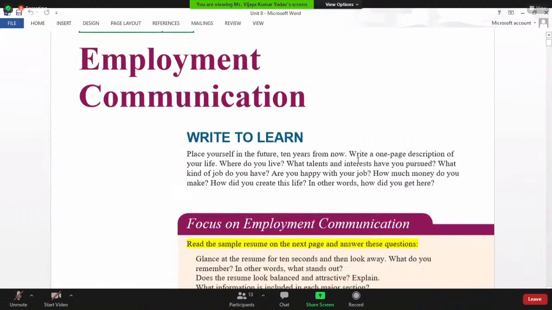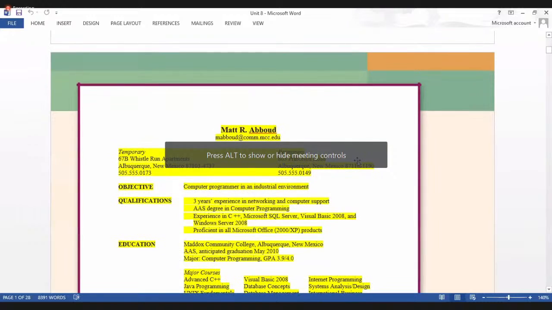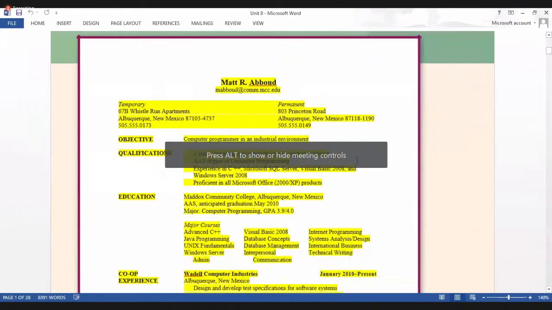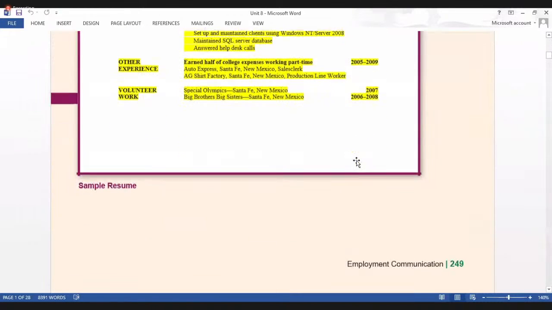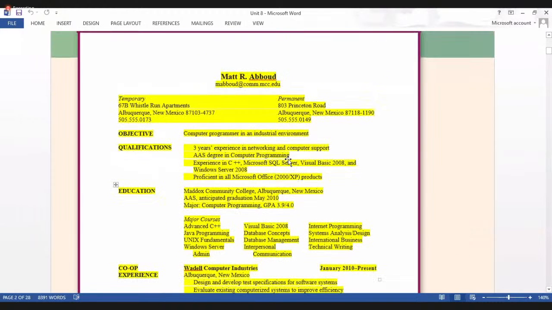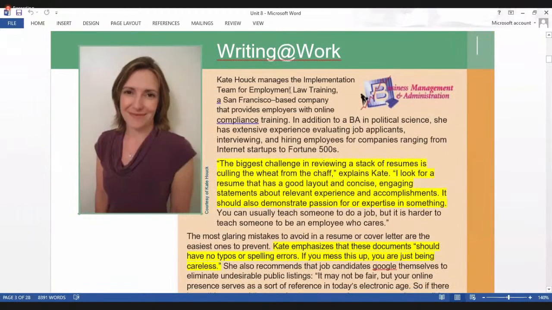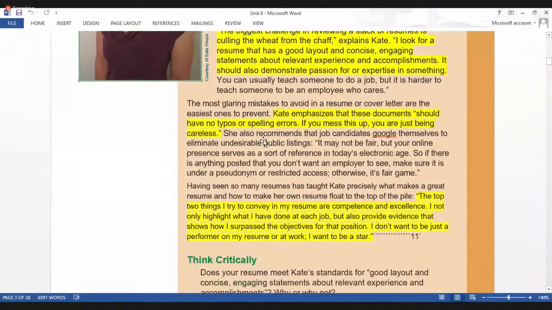part, okay? Then we will talk about applied part. It will be easier for you to understand. This is the sample of resume. Last time we had discussed up to here.